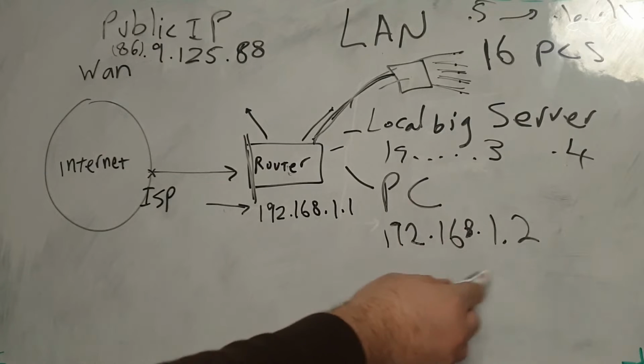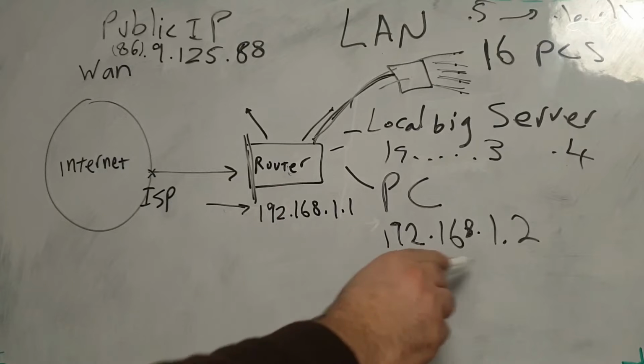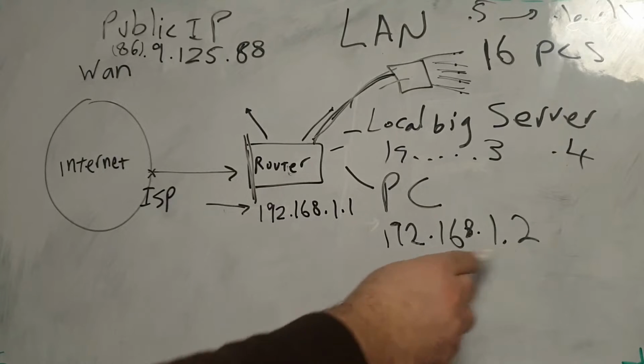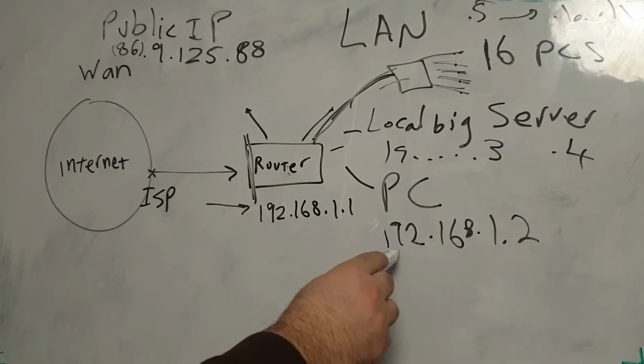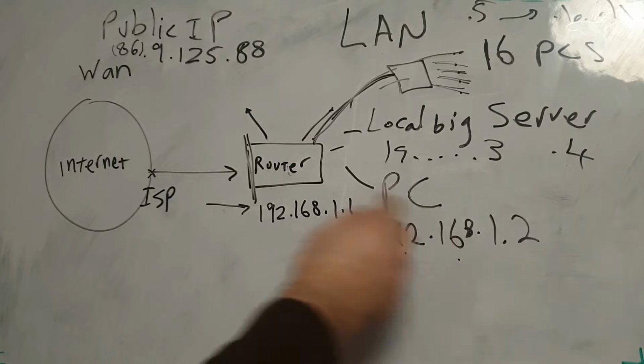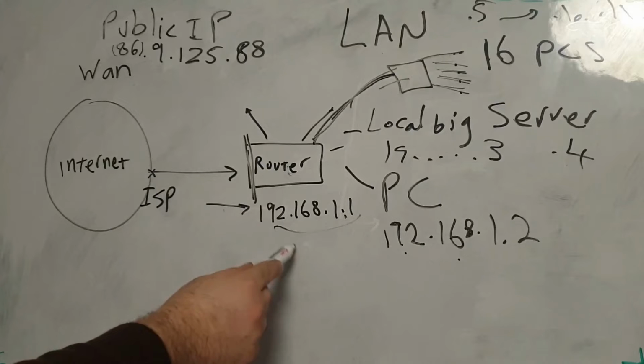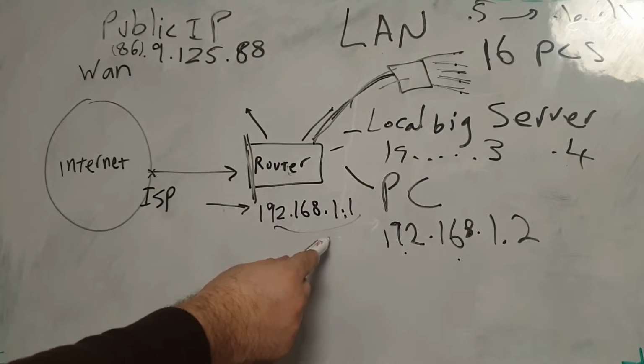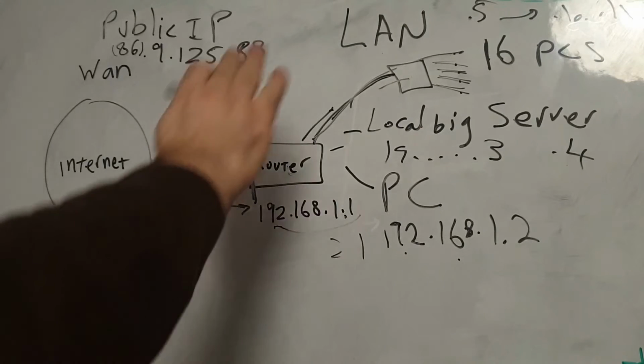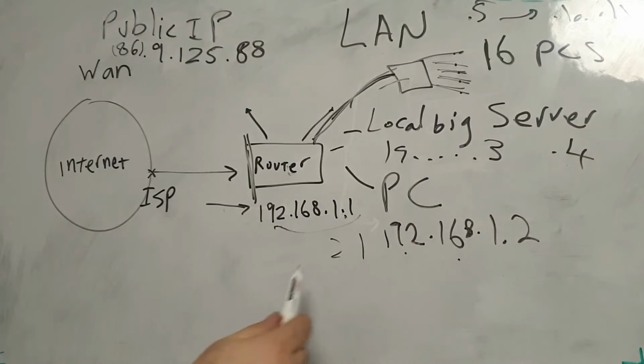So now we understand that the local IP is following a standard way, and it goes from 192.168.1.1. For example, some of the routers are 192.168.2.1, and then the following devices will follow the same way. So go .2.2 and .2.3.